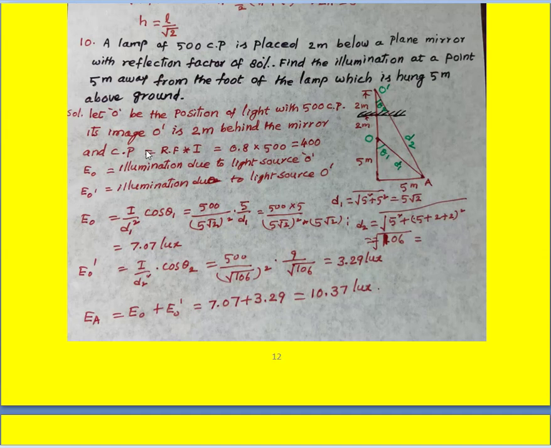To get it, we have to multiply with the reflection factor. So I into RF, and the RF value is given as 80%. So we get 0.8 into the luminous intensity of the lamp, which is 500 cp. When we multiply, we get 400 cp. This is the effective cp of the lamp.